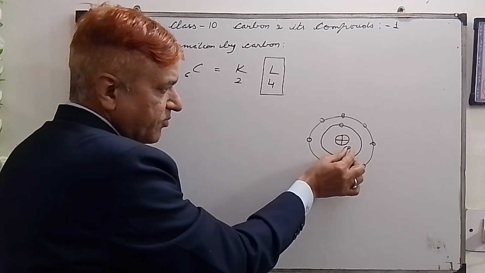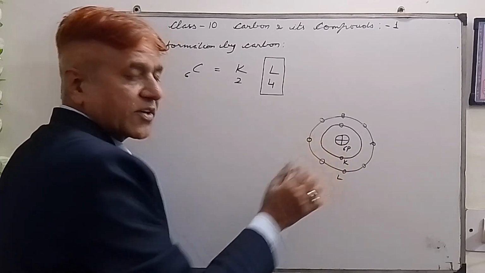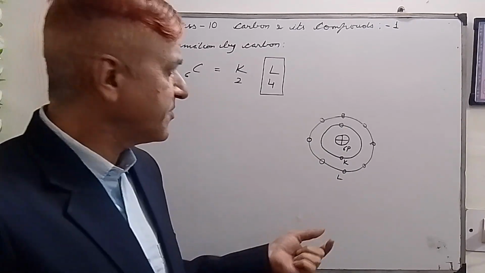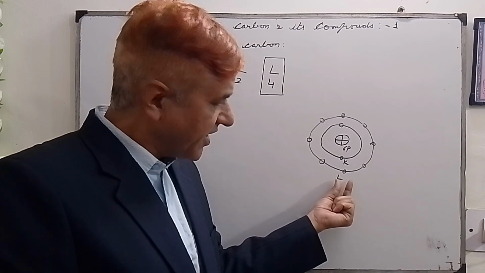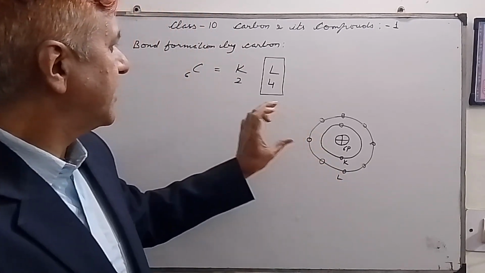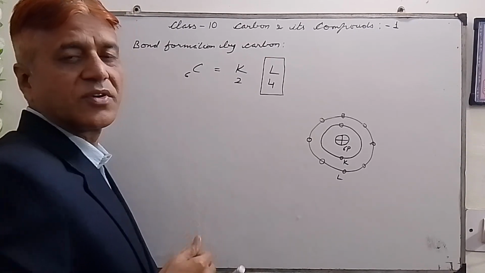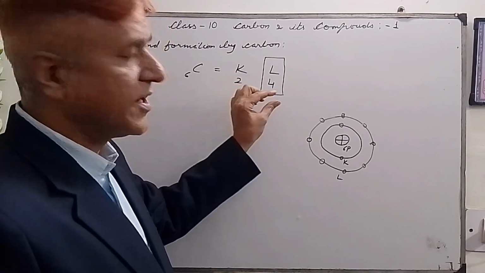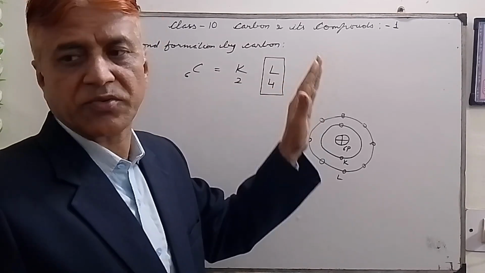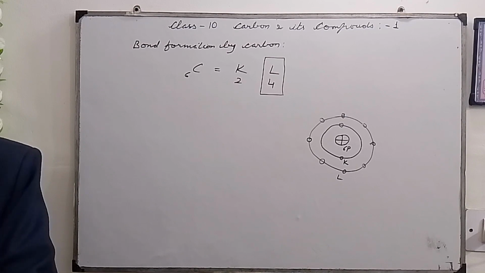Now it is impossible for 6 protons to hold 8 electrons. Therefore, the carbon atom cannot make a bond by taking 4 electrons. So this option failed.